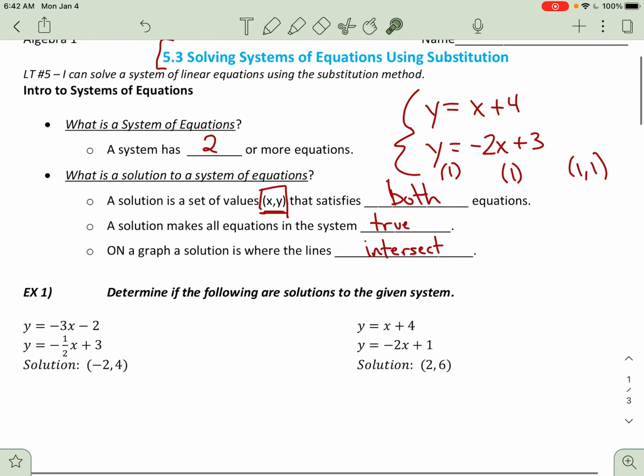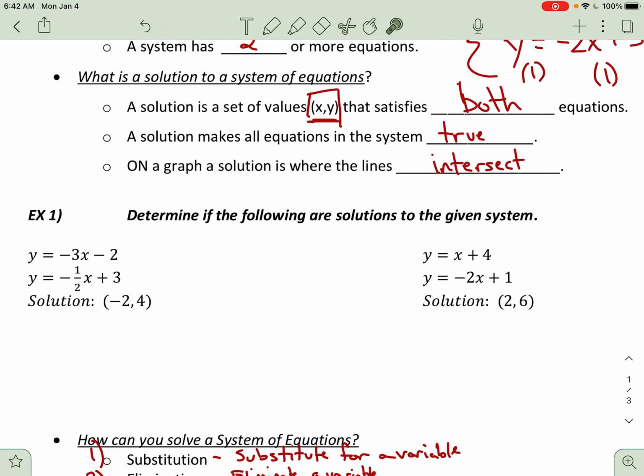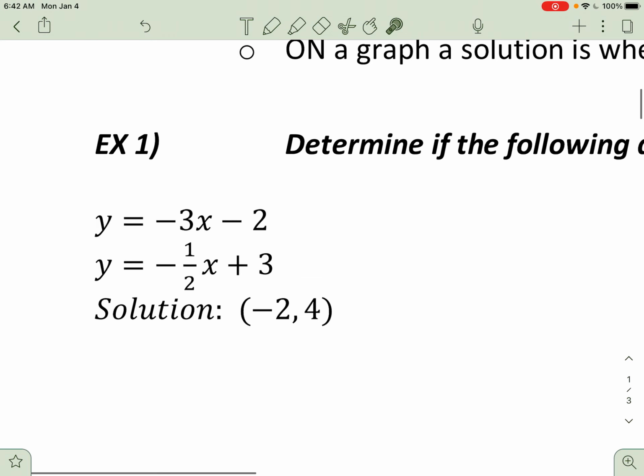All right, so let's come back up. Let's look at some examples here. Determine if the following are solutions to the given system. So again, if negative 2 comma 4 is a solution, then when I take these numbers and plug them in for each of these equations in this system, it will be a true statement for both. So let's look at the first one.